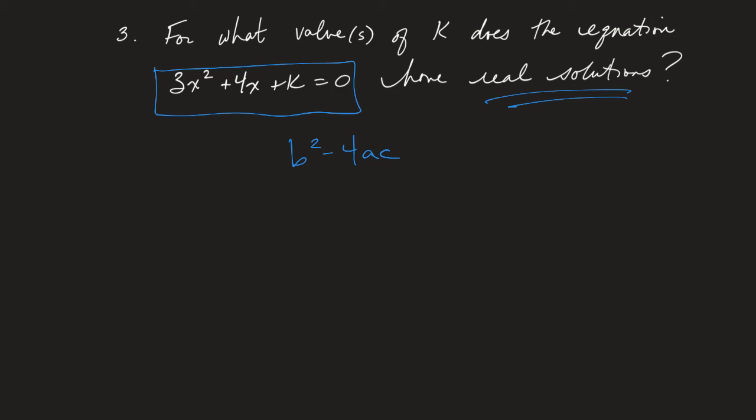That tells me that my discriminant has to be positive to give me multiple solutions, or has to equal 0 to give me one solution. Only if my discriminant is positive or 0 do I have real solutions. Am I able to solve it?